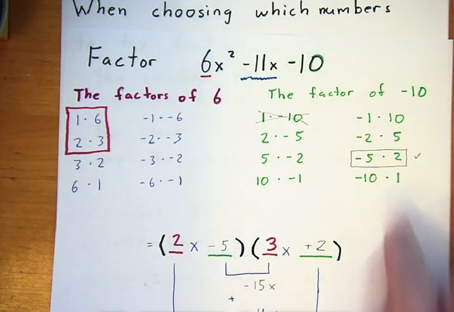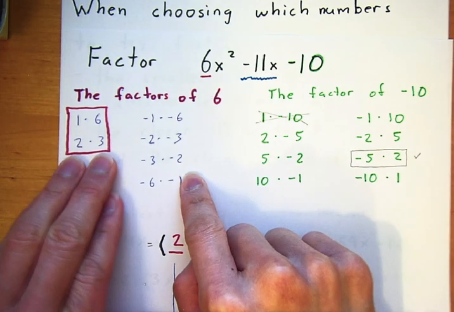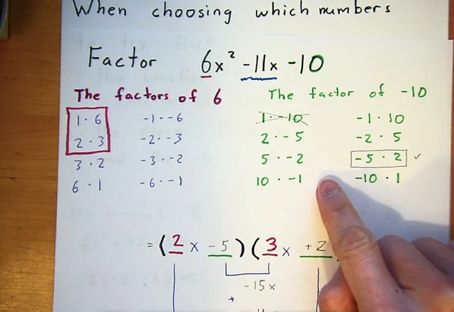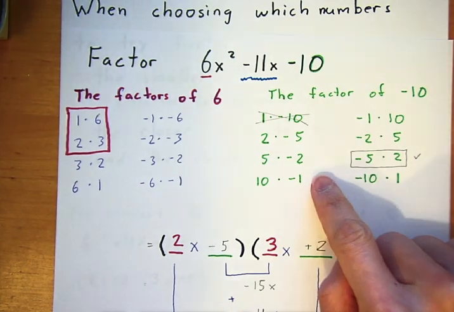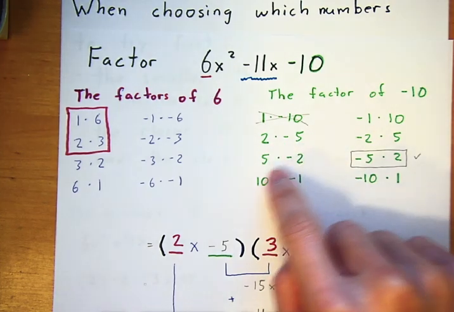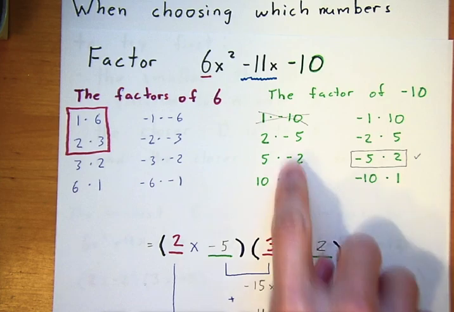Of all my factors of 6, the 2 and the 3 were the closest. Of all my factors for -10, having a 2 and a -5, or 5 and a -2, that's as close as they can get. They're 7 spots away from each other.